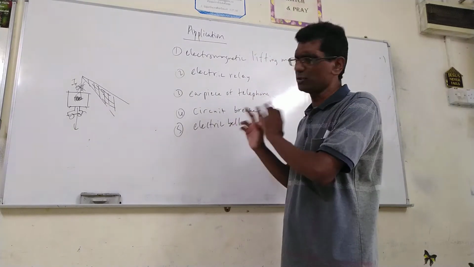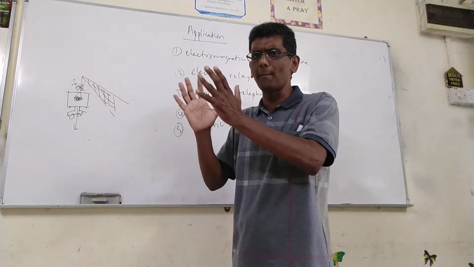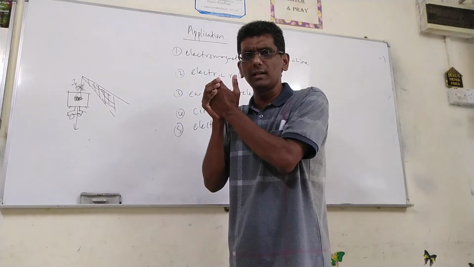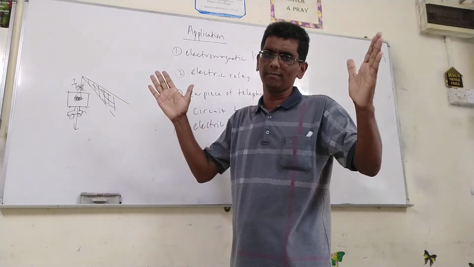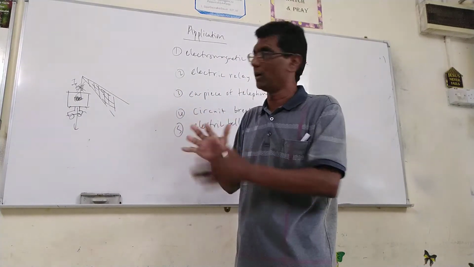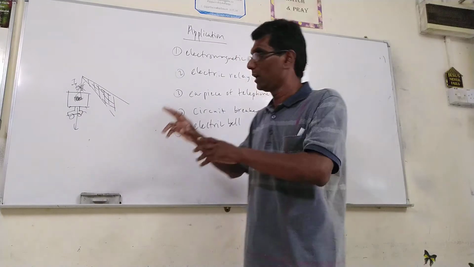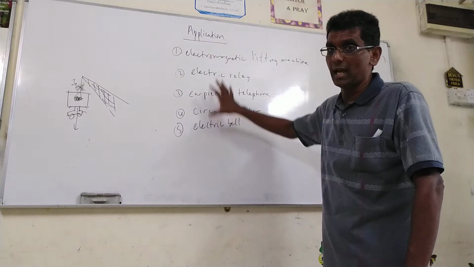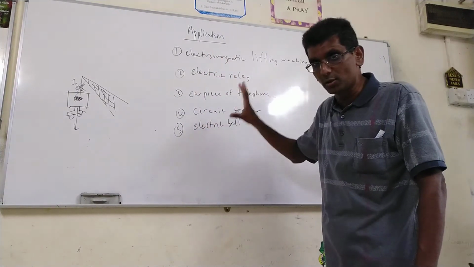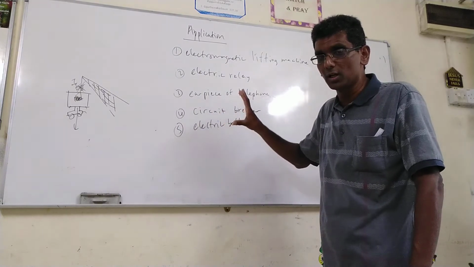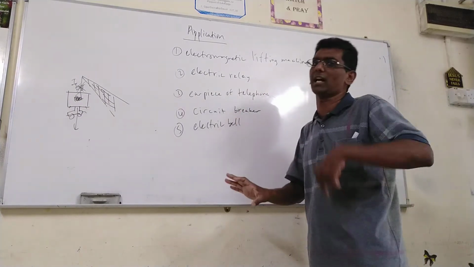This one uses an electromagnet, because when the current flows it becomes magnetized immediately, and when the current is cut off it is demagnetized immediately. So the relay and the electromagnetic machine use an electromagnet, or a soft iron core inside. It is all an application of the electromagnet, an application of the soft iron core: it magnetizes immediately when current flows through and demagnetizes immediately when the current is cut off.